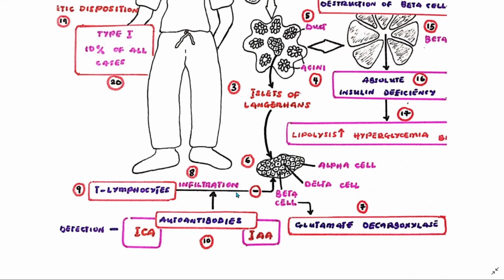Therefore, a genetically predisposed individual could form islet cell antibodies against the islets of Langerhans, as well as insulin autoantibodies against the insulin release, which is going to prevent the release of insulin and therefore cause diabetes mellitus.